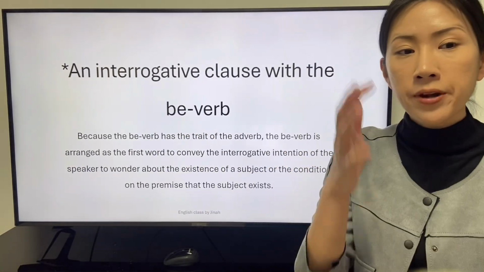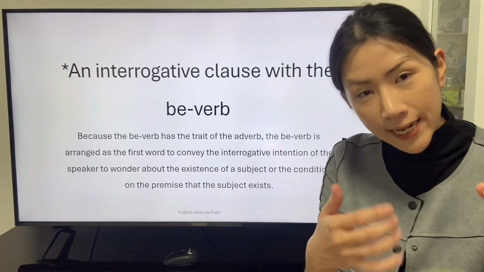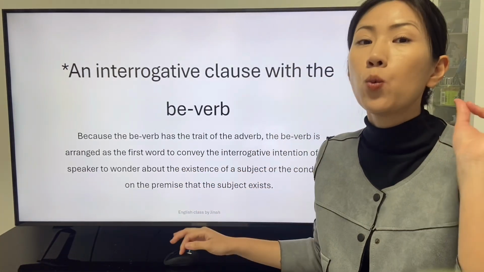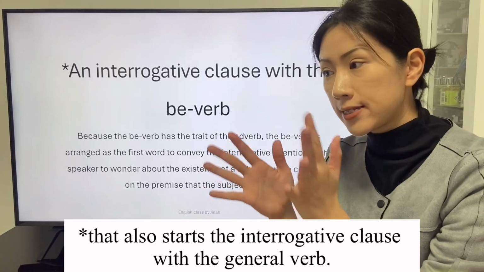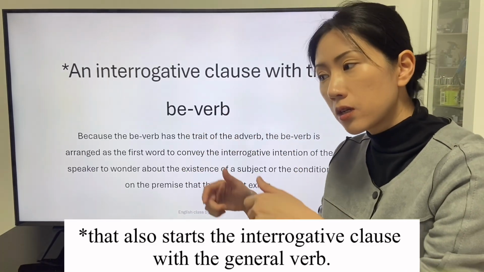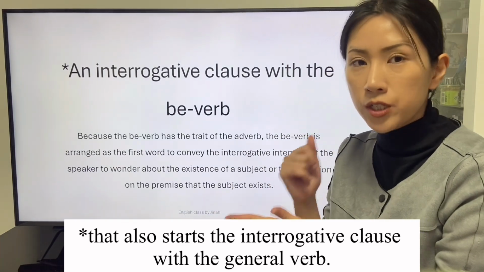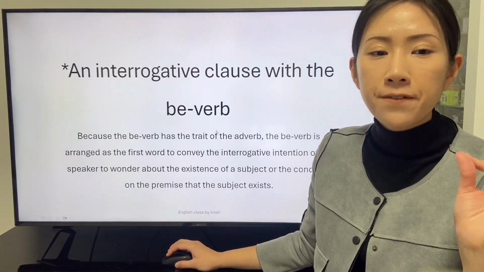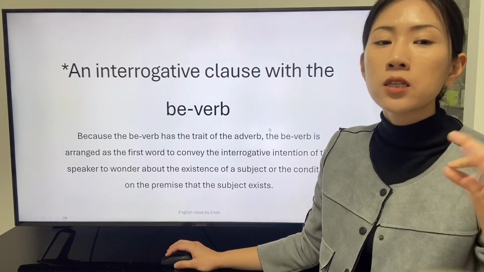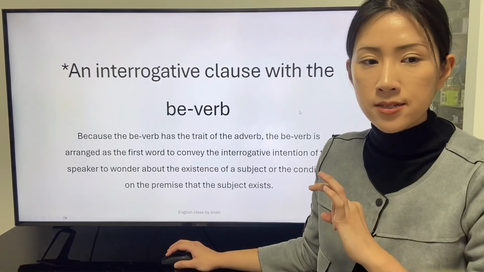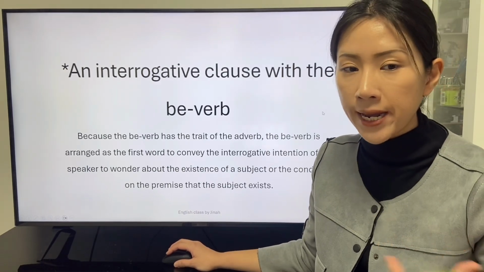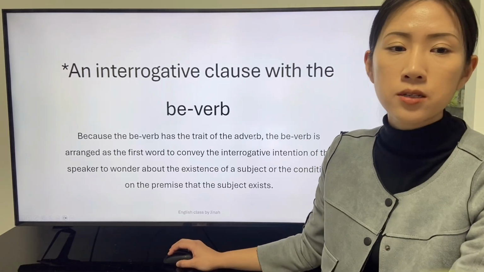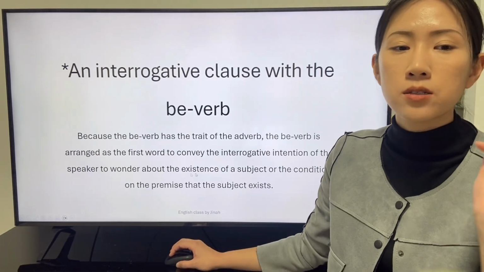But an interrogative clause with the be verb stated in the future tense starts with the modal verb will. Because the be verb has the trait of the adverb, the be verb is arranged as the first word to convey the interrogative intention of the speaker to wonder about the existence of a subject or the condition on the premise that the subject exists.